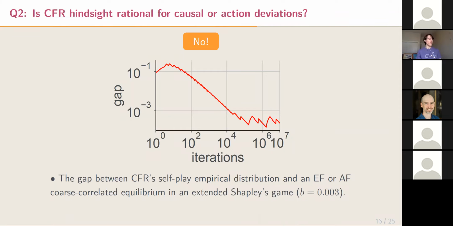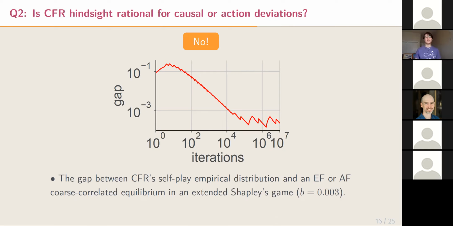We have an experiment that shows that if you run CFR in self-play and you check how close its empirical distribution of play is to either an extensive form or an agent form coarse correlated equilibrium, the gap will actually plateau at something greater than 0.